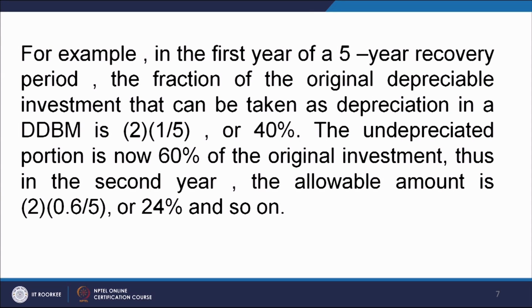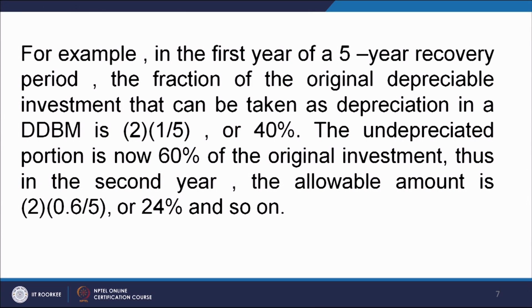So, it is 1 by 5, and in a double declining balance method twice of the straight line depreciation is taken, and that is why it becomes 2 into 1 by 5 or 40%. The undepreciated portion is now 60% of the original investment. Thus, in the second year the allowable amount is 2 into 0.6 by 5 and so on.